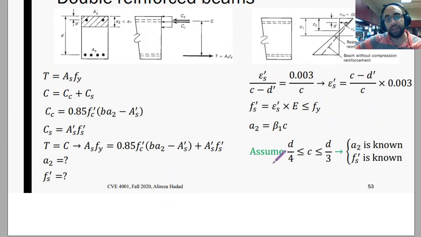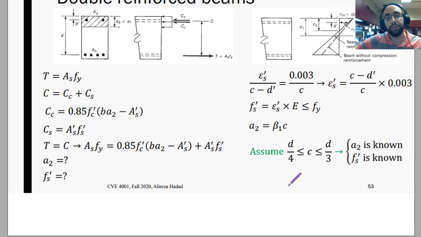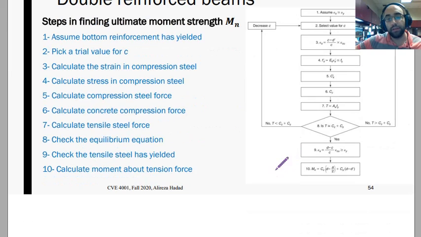As you can see, we said we have to make this assumption about c, or depth of neutral axis, as an initial guess, and then based on that, we have to check the equilibrium, and if equilibrium is not completely satisfied, or the accuracy that we are looking for in the force calculation is not achieved, we have to make additional tries in order to reach the accuracy that we want.